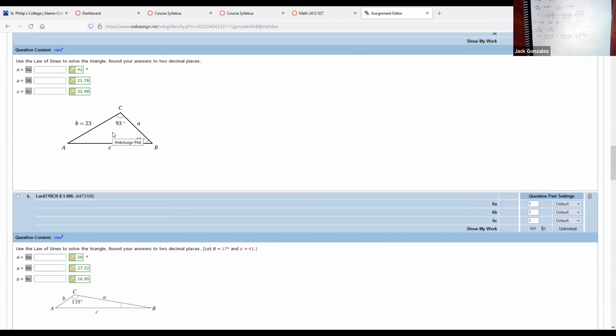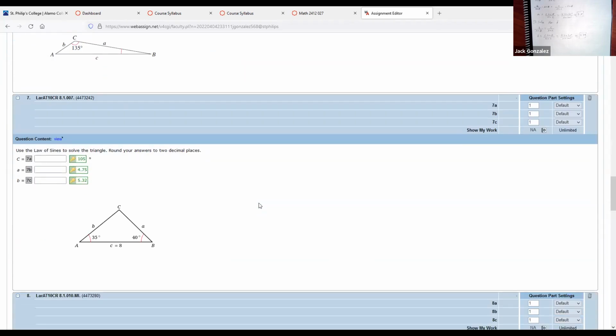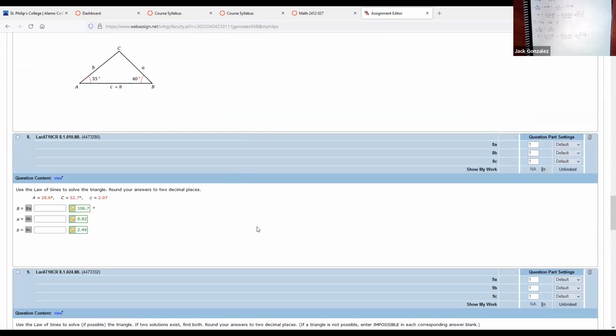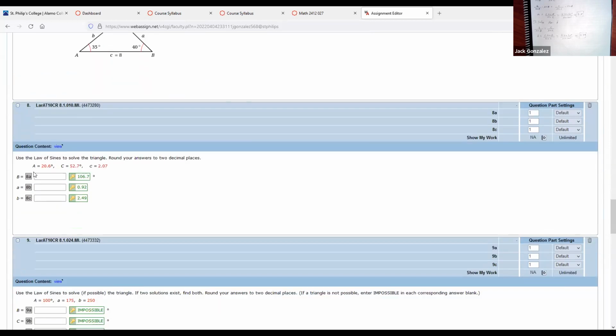Then obviously there exists one triangle, right? Because you can see it. I know that sounds weird, but think about it. Now, a question like number 8, they don't actually show me the triangle. So there's a possibility that while you're trying to solve for sides and angles, there might be 2 triangles, 1 triangle, or no triangle.